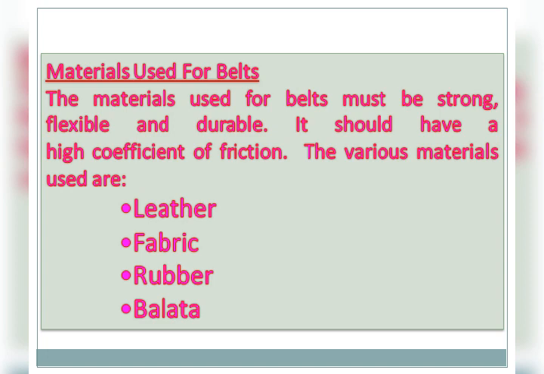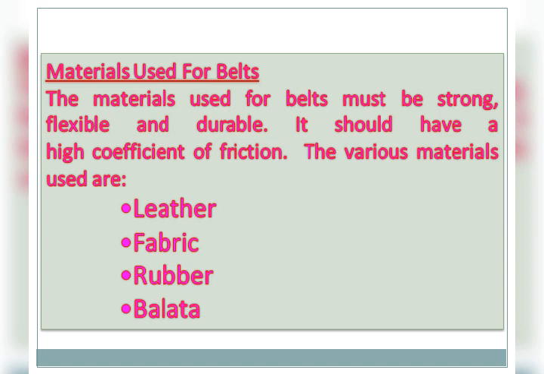So now, leather. The leather may be oak tanned or mineral salt tanned, for example chrome tanned. When the thickness of the belt required is more, two or more strips are cemented together.